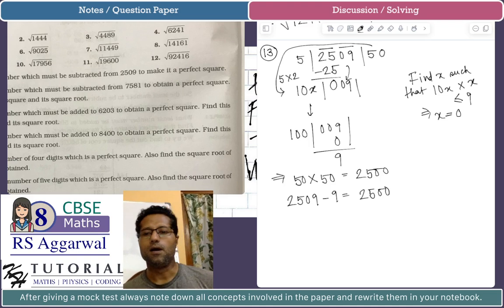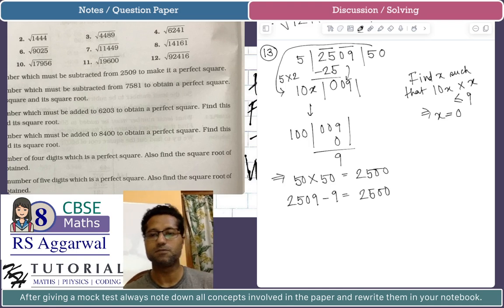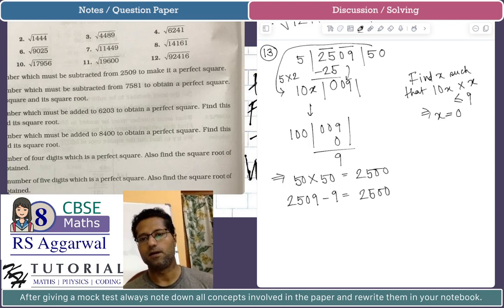So it has asked to find the least number which must be subtracted from 2509 so that it will become a perfect square. And we can clearly see that if we subtract 9 from 2509, the result 2500 will be a perfect square.